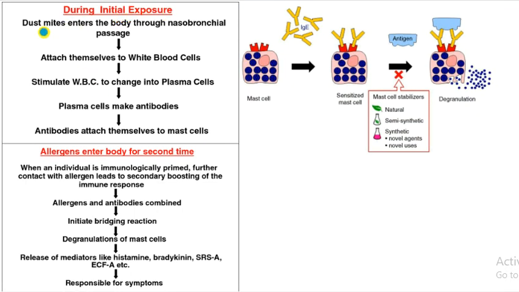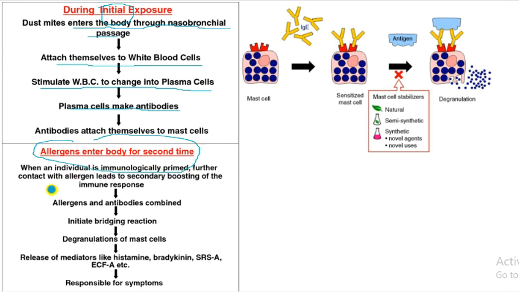During initial exposure, dust mites enter the body through the nasobronchial passage, attach themselves to white blood cells, and stimulate WBCs to change into plasma cells. Plasma cells make antibodies. Antibodies attach themselves to mast cells. This is during the initial exposure.